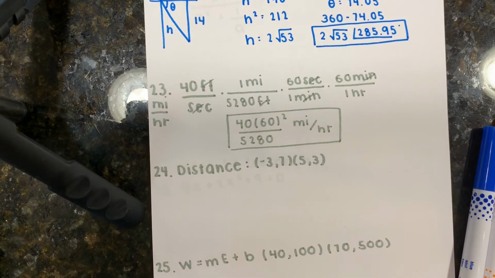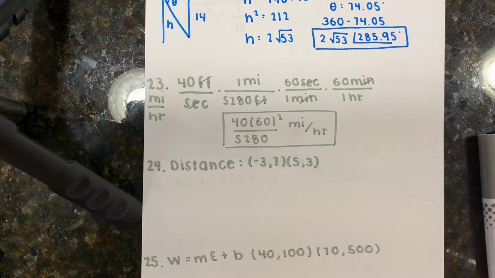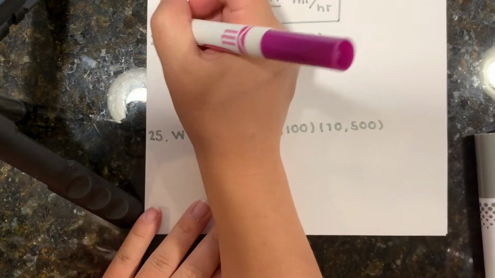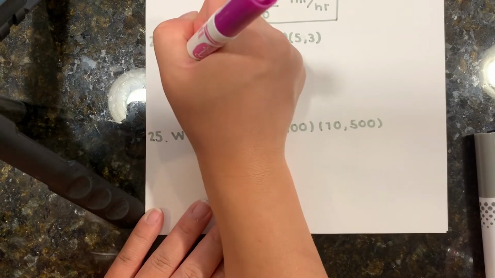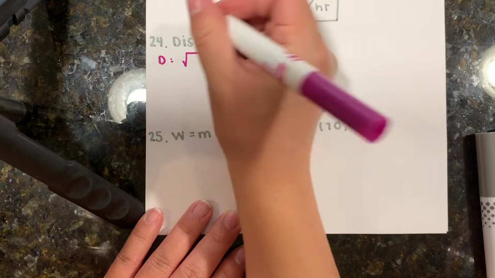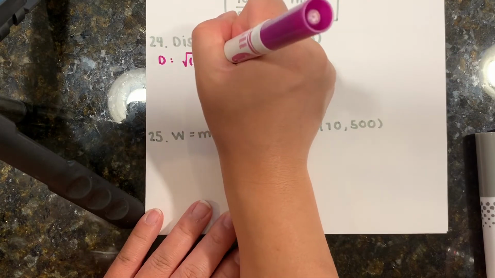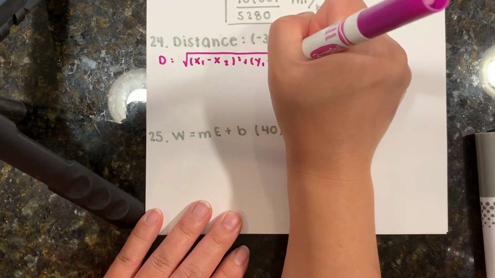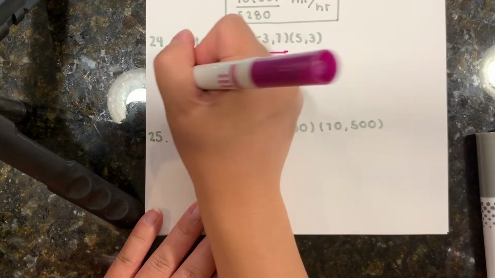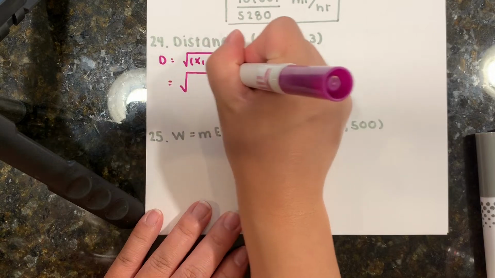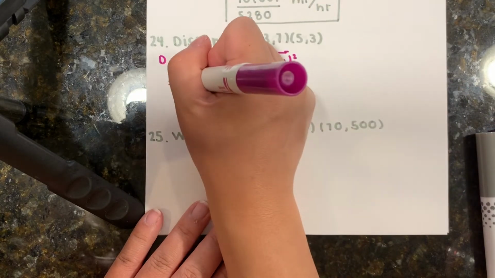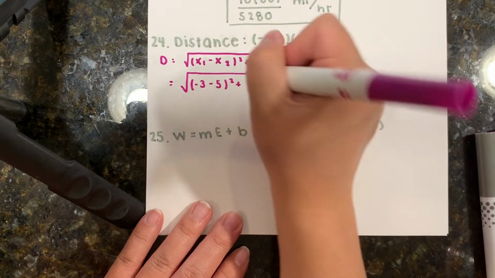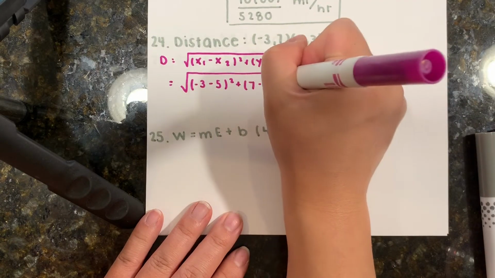Now number 24 is tricky because you probably needed to remember what the distance formula was. So the distance formula is equal to the square root of x1 minus x2 squared plus y1 minus y2 squared. So what I have is -3 minus 5 squared plus 7 minus 3 squared.